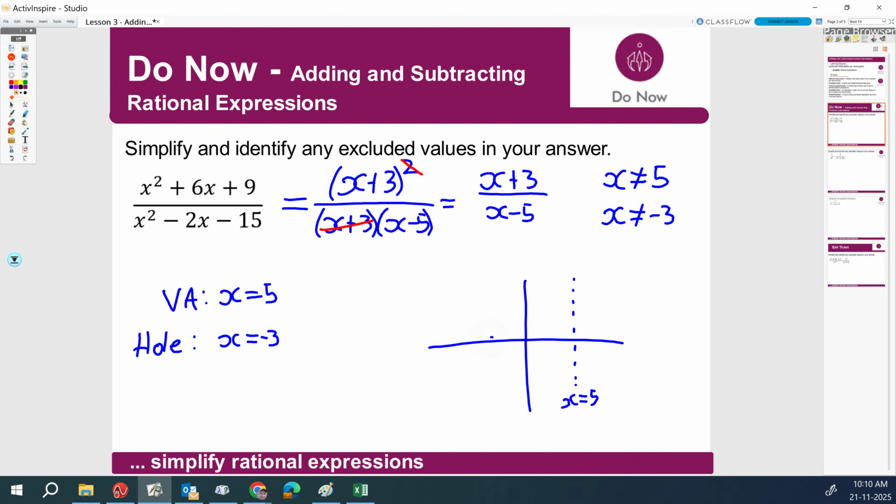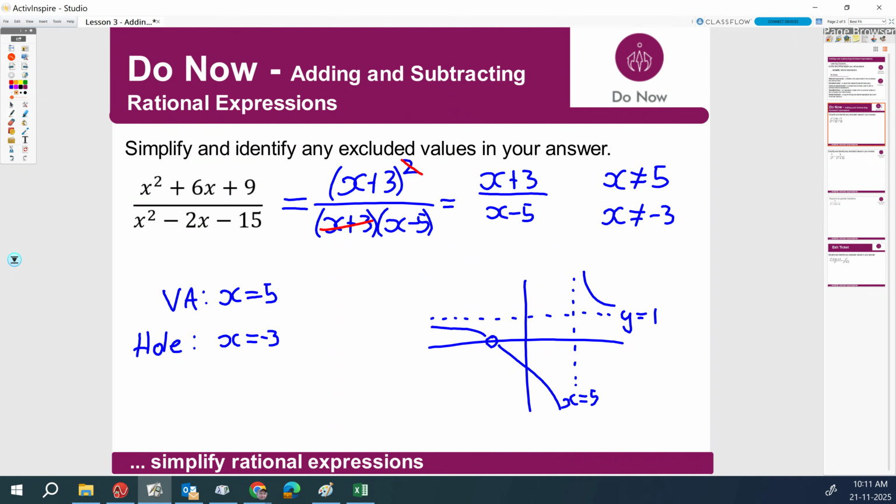We're going to put in our hole over here, like this. We can put in our horizontal asymptote. It's going to be here at y equal to 1. So then we can see that we've got to go through here and here. We're going to sketch. It's going to look like this.